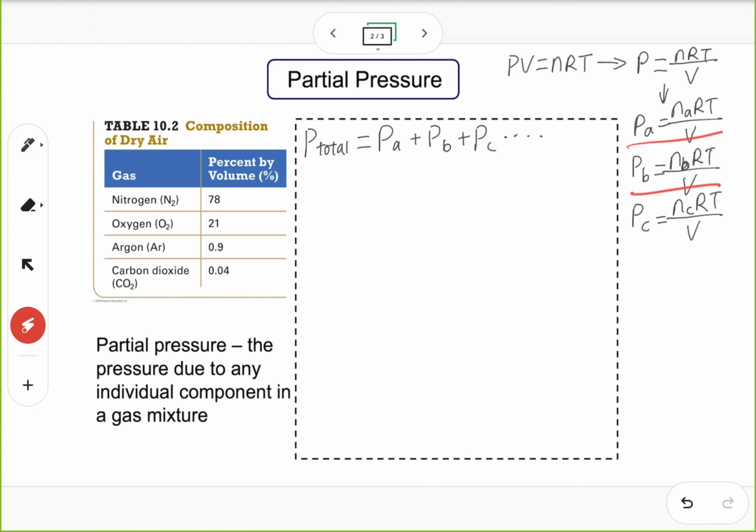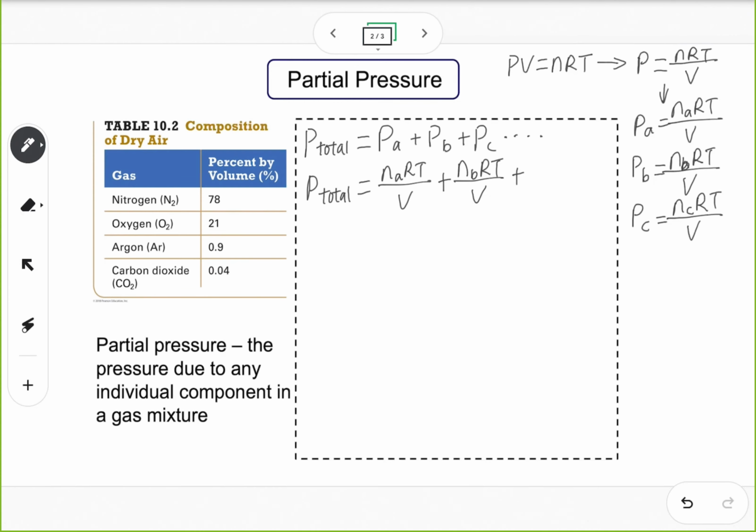Now let's plug those equations into this equation. That will give us P total equals NA RT over V plus NB RT over V plus NC RT over V, and keep going.